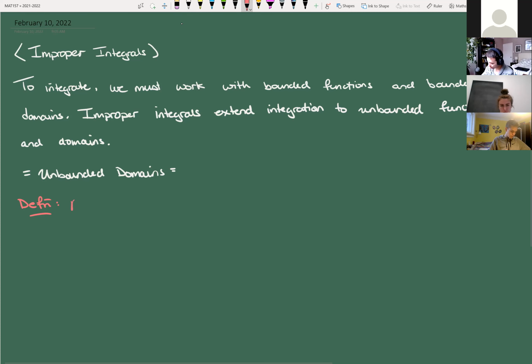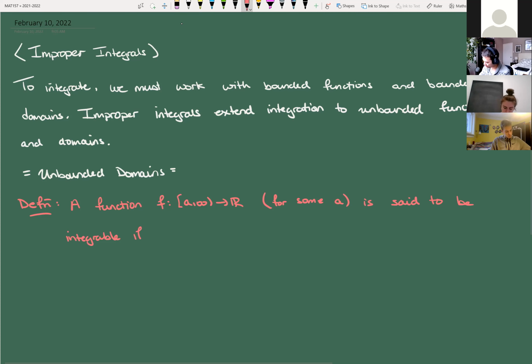So a function f mapping [a, infinity) to R for some a, basically we don't care, is said to be integrable if it's integrable on [a, x] for all x in [a, infinity).